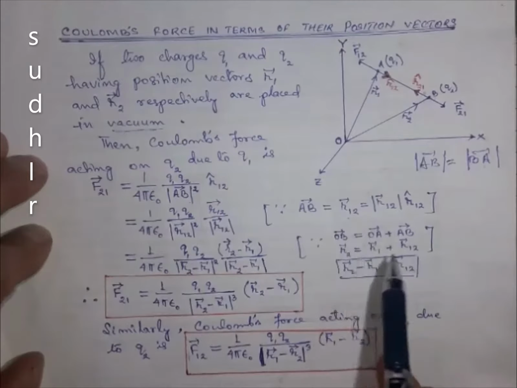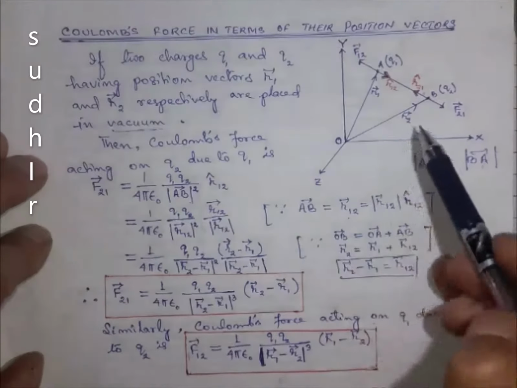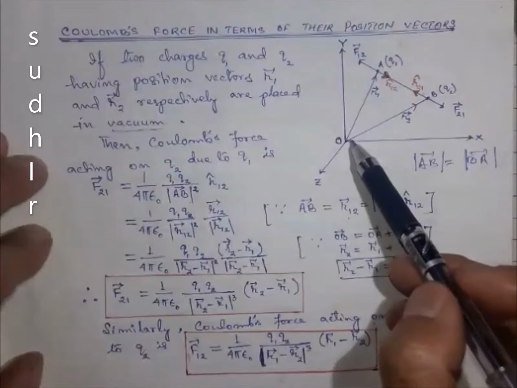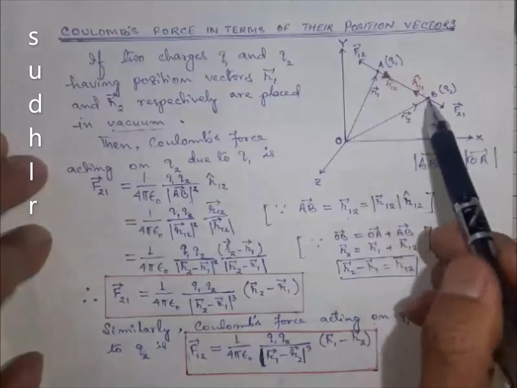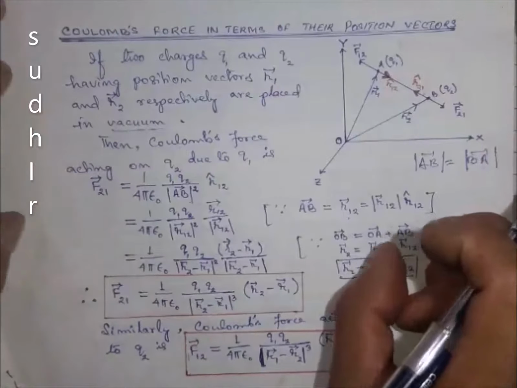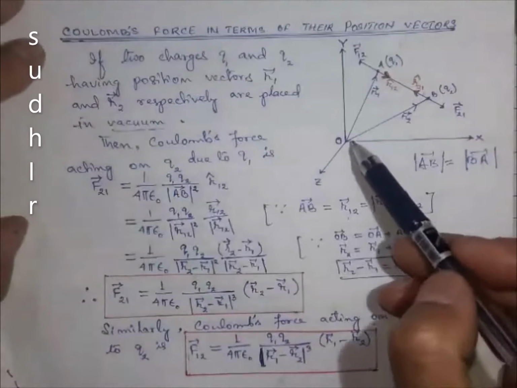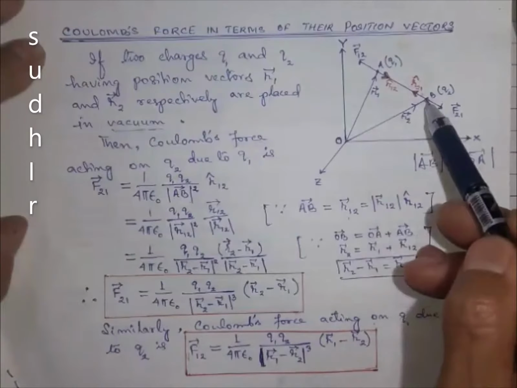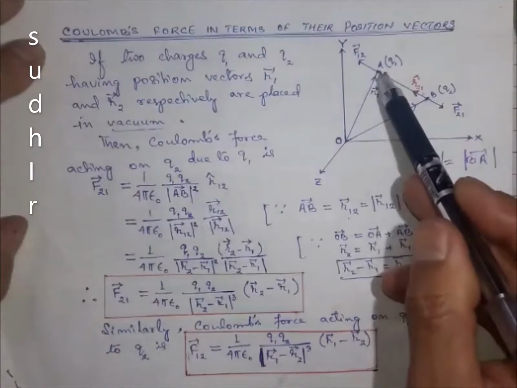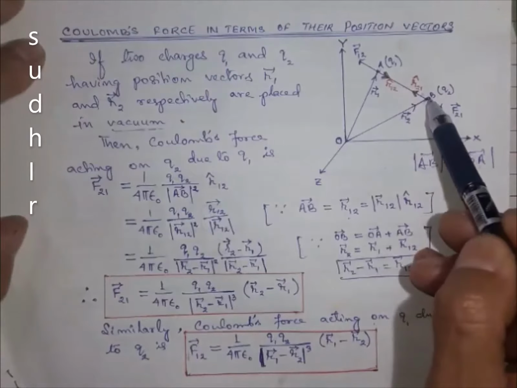R12 vector. If you take this as a triangle, by remembering the triangle law of vector addition in class 11, if you take this as a resultant, then your OB will be equal to OA plus AB.